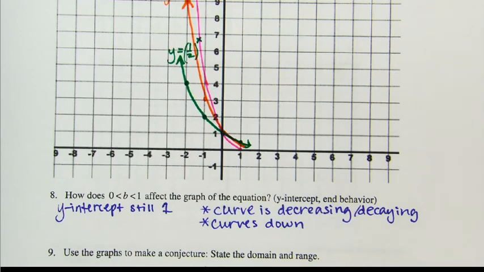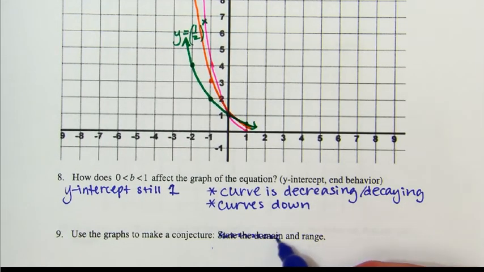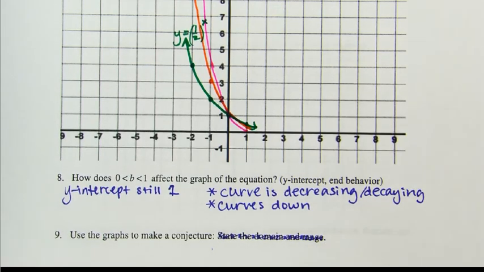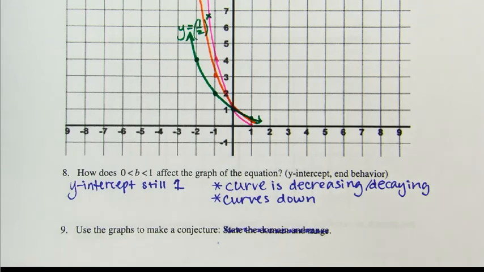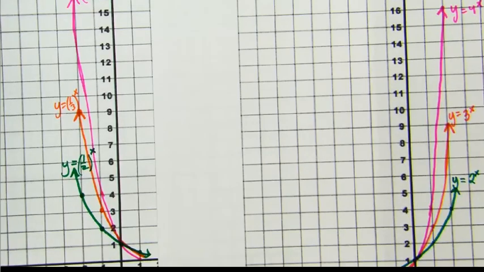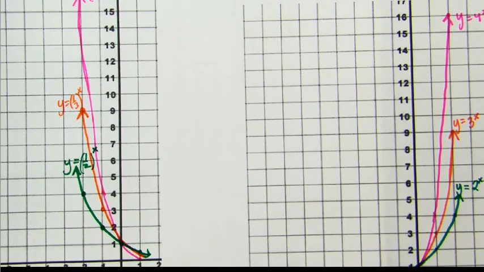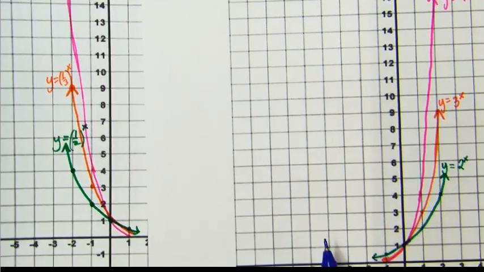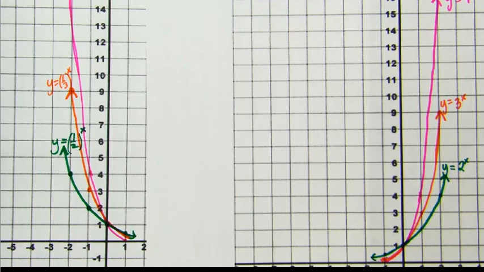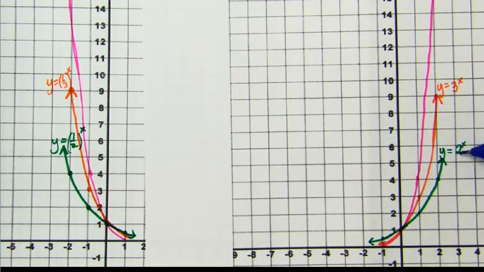Now, number 9 says, use the graphs to make a conjecture. Now, we're going to skip the domain and range part for now. We're going to come back to that in a couple activities. But I do want to make an observation about our two graphs. So when b was greater than 1, if we look here, I want to talk for a second about what happens as the b gets larger over here.